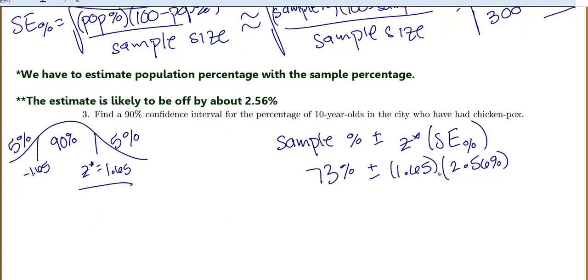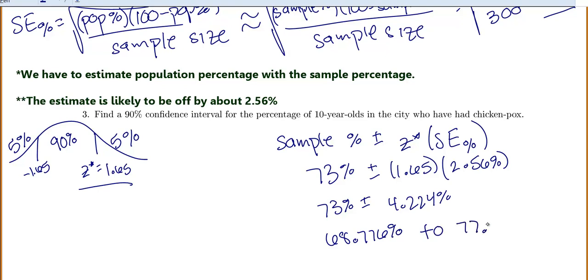If I do my multiplication first, then I have 73% plus or minus 4.224%. When I subtract, I get 68.776%. When I add, I get 77.224%.